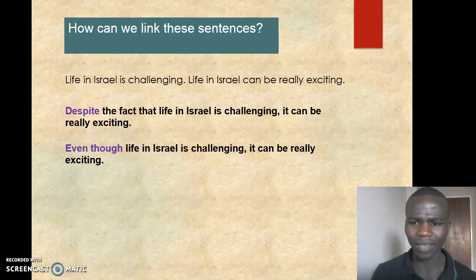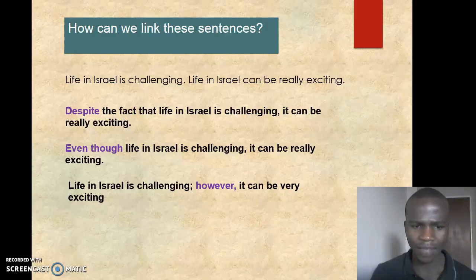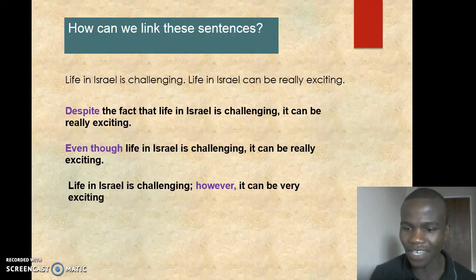So you are using a proper transitional signal to combine the two different ideas. Life in Israel is challenging, however, it can be exciting. Although, however, those are different connectors that we have used to connect this sentence.